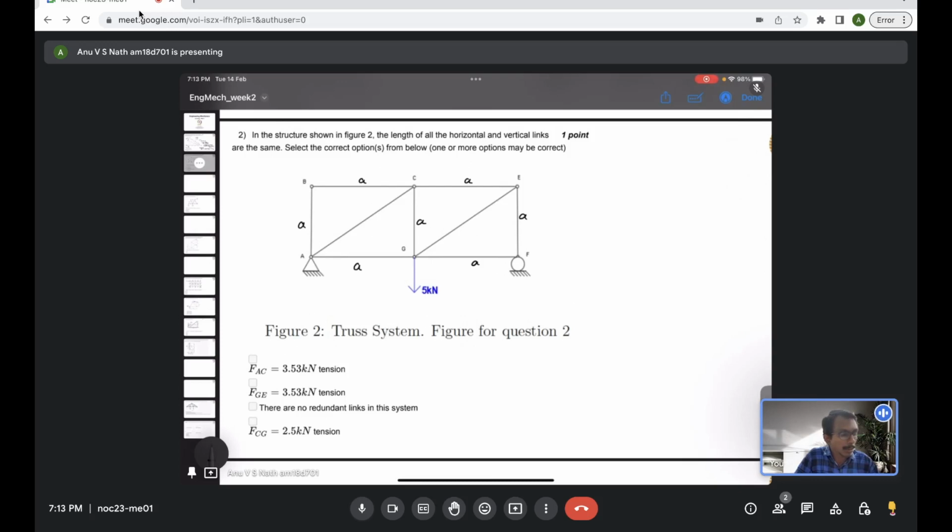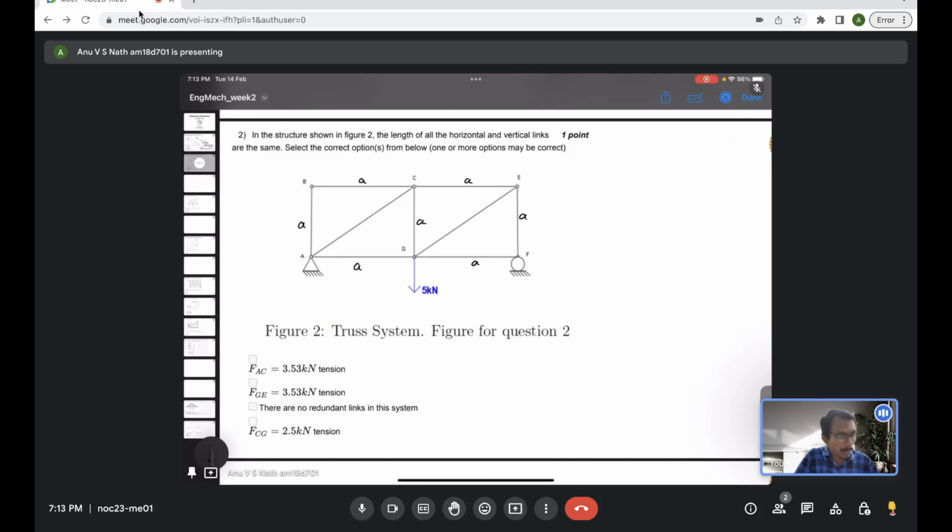So there are 4 options. FAC is 3.53 kilonewton tension, that means in AC the force is 3.53 kilonewton and it's tension. GE is 3.53 kilonewton tension in member GE.